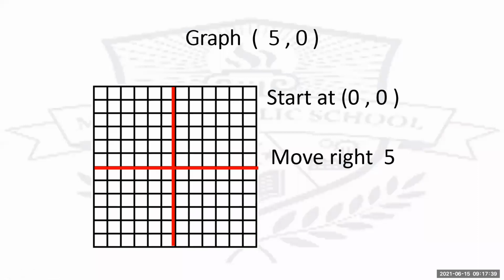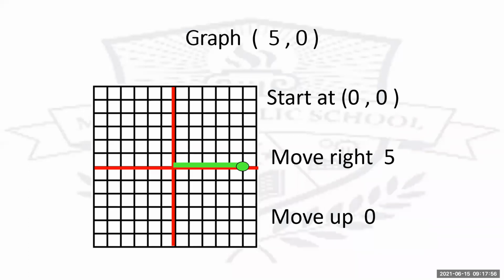Move right 5 positions and move up 0. Understand? Your point will lie on the x-axis because your y coordinate is 0. You have to remember this.